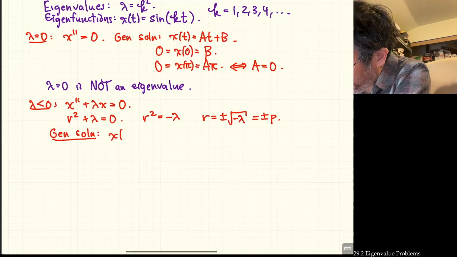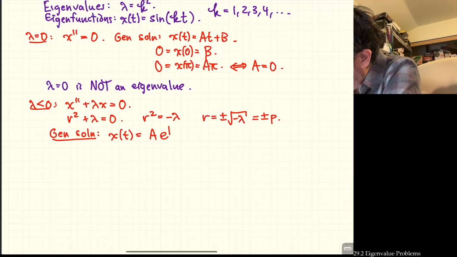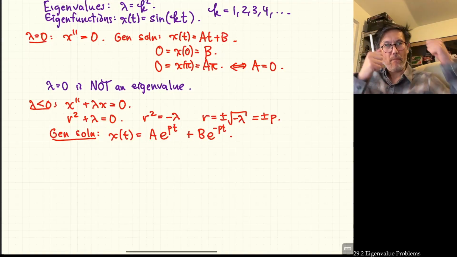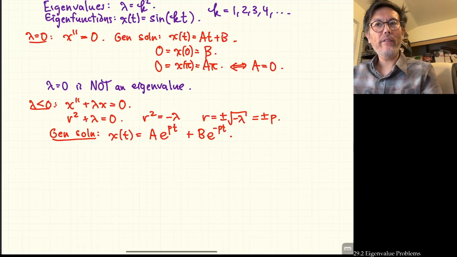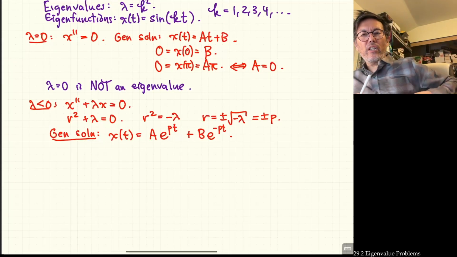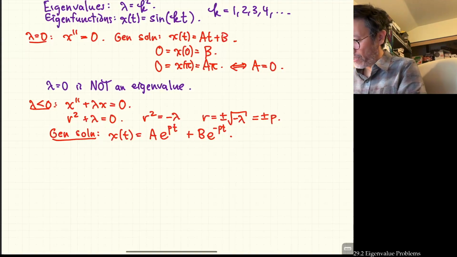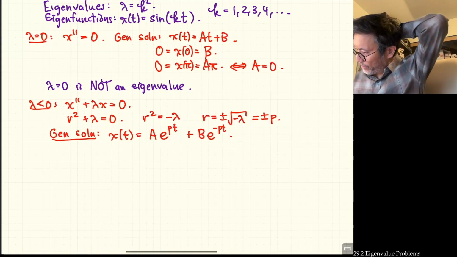It's going to be x of t equals a e to the pt plus b e to the negative pt. My roots are p and negative p. Those are real and distinct roots, and so this is what the general solution looks like. All of this is review from when we were talking about second order equations.